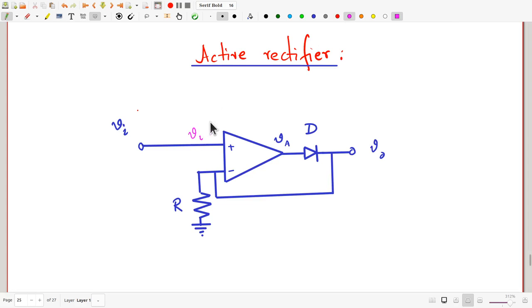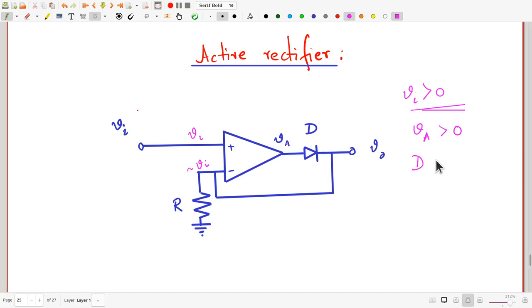So what will happen is, since you have Vi here, you'll get approximately Vi here. In fact, approximately here is really closely Vi, because the difference is less than a millivolt, as we have already figured out before. So the output voltage, which is of course the voltage at this point, is going to be Vi. So when Vi is positive, Va will be greater than 0, the output voltage of the op-amp.